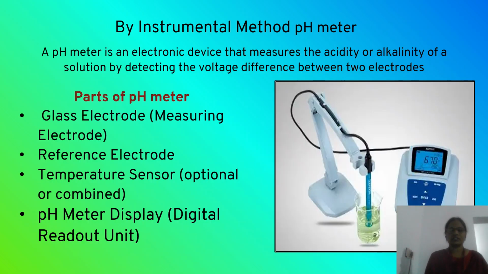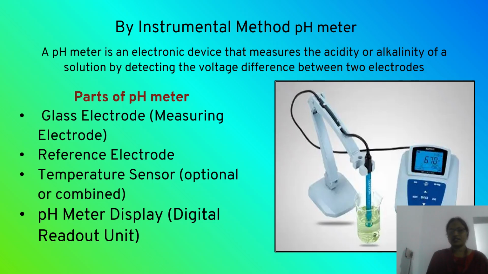So we can easily identify that the solution is basic. Now we can learn about the instrumental method for pH determination. So we are using the pH meter. A pH meter is an electronic device that measures the acidity or alkalinity of an unknown solution by detecting the voltage difference between two electrodes. So the pH meter contains two electrodes: one is the indicator electrode, another is the reference electrode.